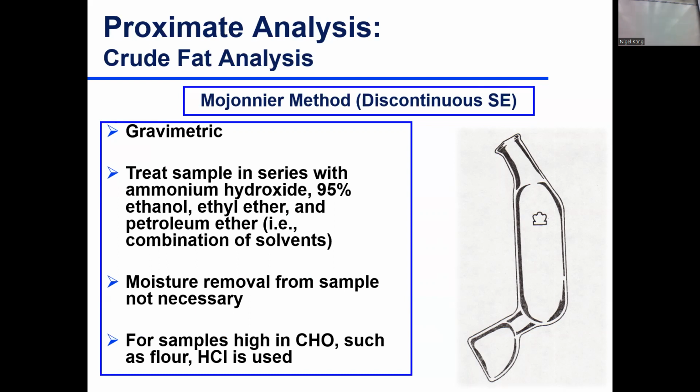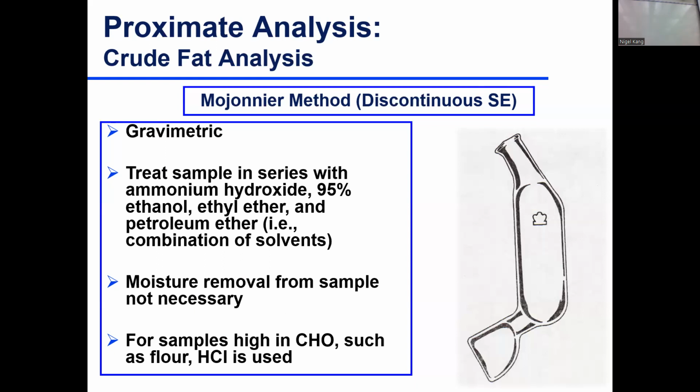So the meaning of discontinuous: you have your Mojonnier flask, add your sample, just once add your solvent. Do that step again, the second solvent. It's not a continuous system where solvent gets back to your sample and then again evaporates and gets back. Just once. You do each step once and that's it. So it's a discontinuous method.